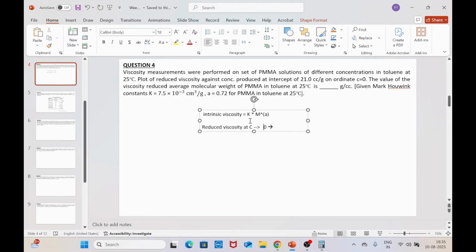Tending to 0 implies that this viscosity is the intrinsic viscosity. So again, what is reduced viscosity?